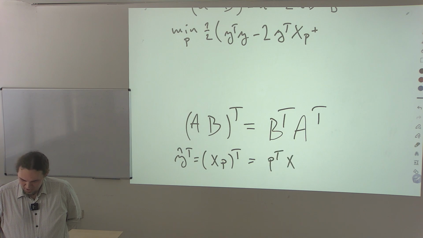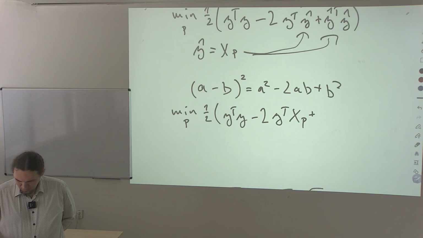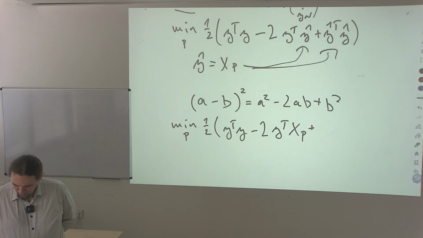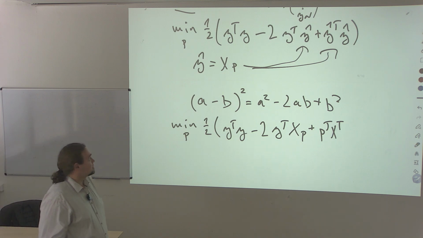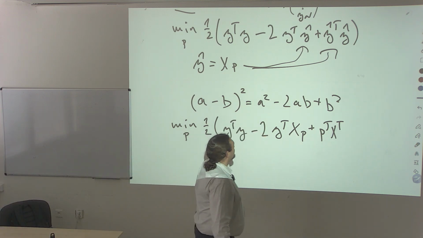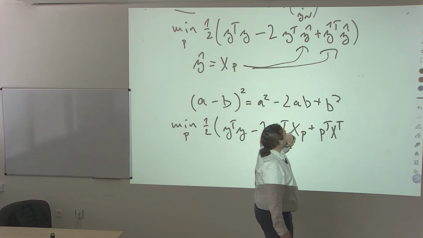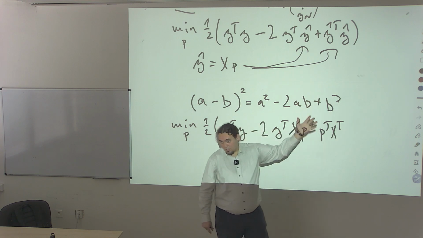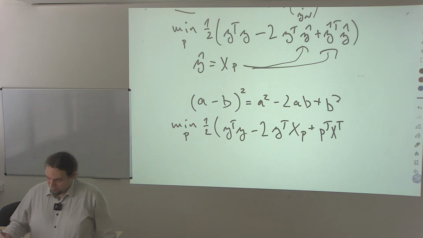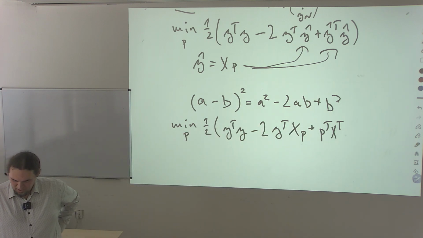Very good. p transpose x transpose. That was for the y hat transpose, for the first guy here. The second guy is just y hat, so we just plug in x times p.